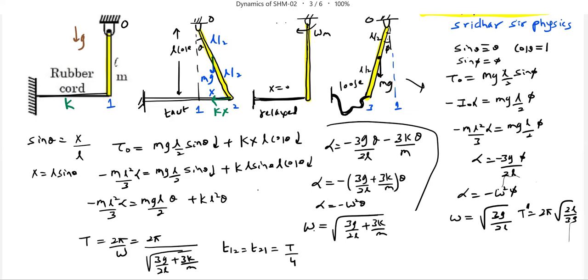Now what we needed is the total time period. So time taken to move from 1 to 3, 3 to 1 equal to t dash by 4. So we'll add up the total time. What is the total time?